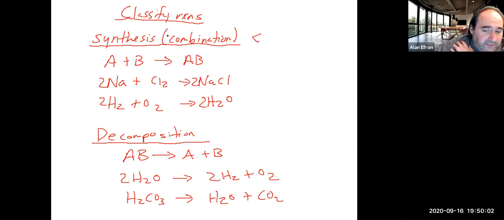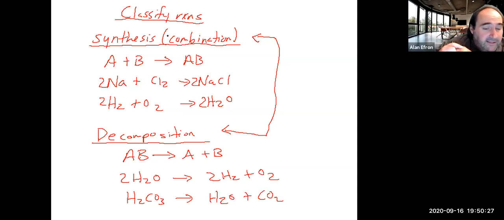So synthesis puts it together. A decomposition reaction breaks something apart. So think of them as almost opposites of each other. Synthesis puts it together; decomposition, you break apart. Question on those two types of reactions? When you're thinking about ways of classifying, what you want to look at is the generic form of the reaction and match it up.